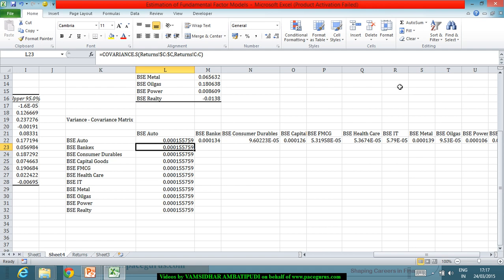So some such quick calculations I can talk about. Now the same logic I can extend to all the other pairs by simply changing the range relating to the first variable.